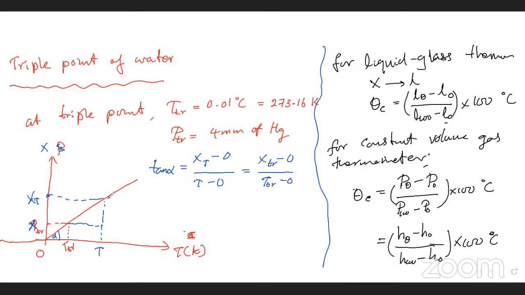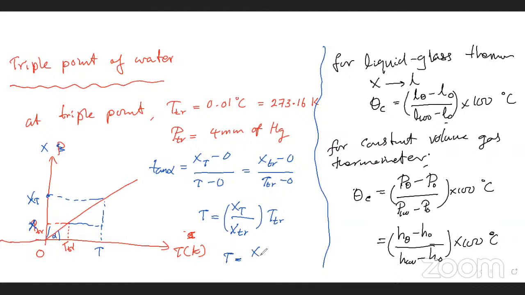Here the gradient is this difference divided by this difference, and this small difference divided by the small difference. So using this, you can write the unknown temperature T equals X_T divided by X_TR, multiplied by the triple point temperature. You already know the triple point temperature.